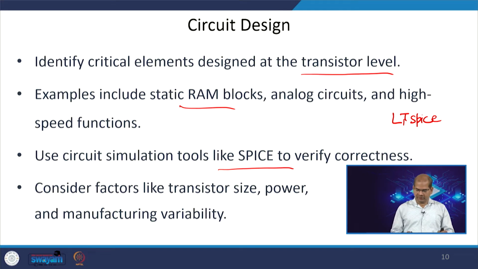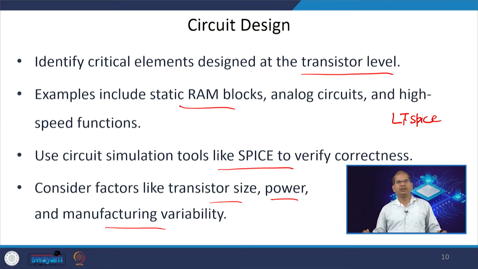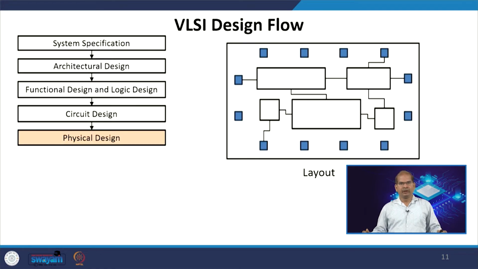Then you need to consider the transistor size, power and manufacturing variability, all these, whenever you have a gate level netlist. Then you have the physical design.